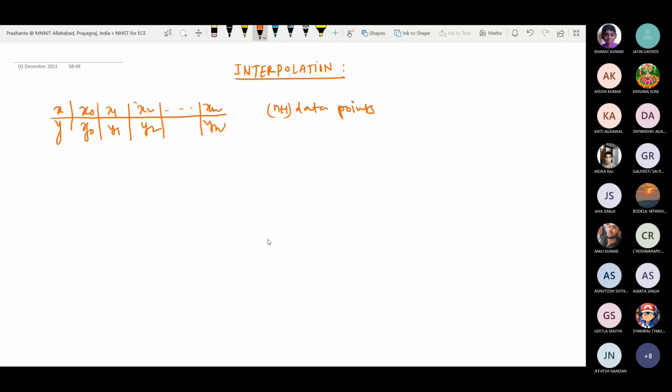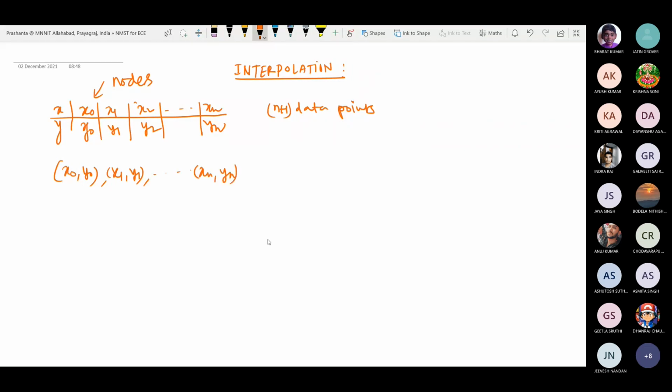So you are repeating the experiment n plus 1 times, and for n plus 1 inputs you are getting n plus 1 outputs, represented by x, y. The inputs are x0, x1, x2, up to xn. These are called nodes, the x values, and the outputs are y0, y1, y2, up to yn. So the data points are represented either in this tabular form, or in this manner: x0, y0, x1, y1, up to xn, yn.